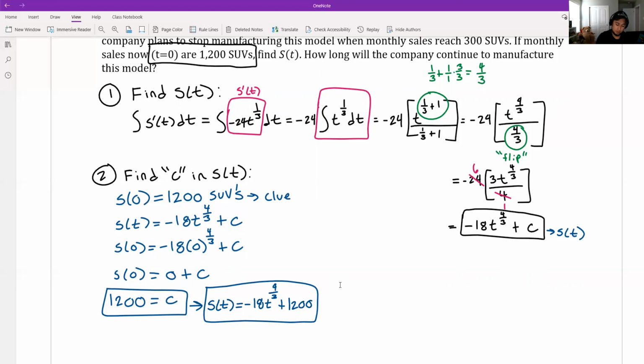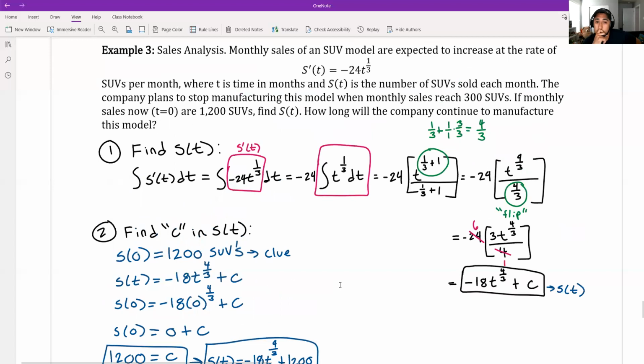All right. So one last thing to solve for. The very last sentence says, how long will the company continue to manufacture this model? And the second sentence in the paragraph says, the company plans to stop manufacturing this model when monthly sales reach 300 SUVs. So the clue given there, so how do we word this?